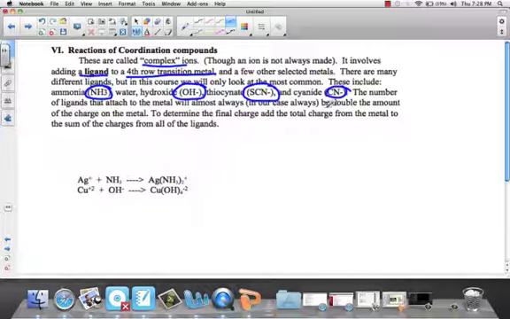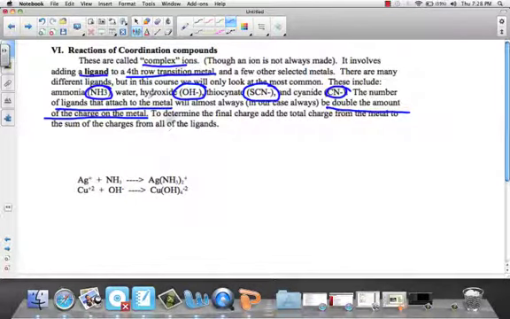This is important. The ligands that attach to the metal will, in our case, always be double the amount of the charge on the metal.